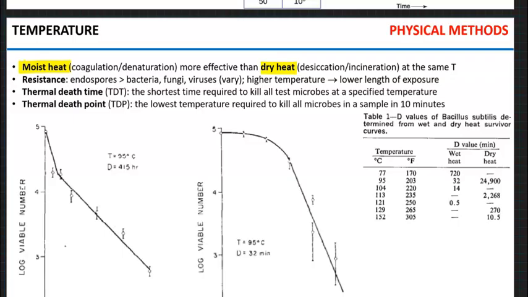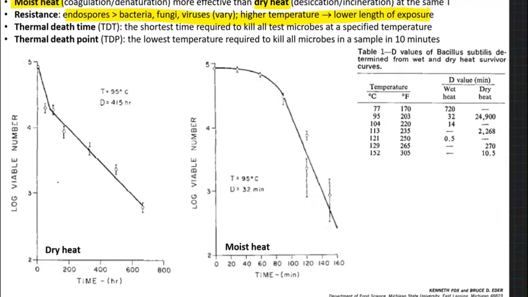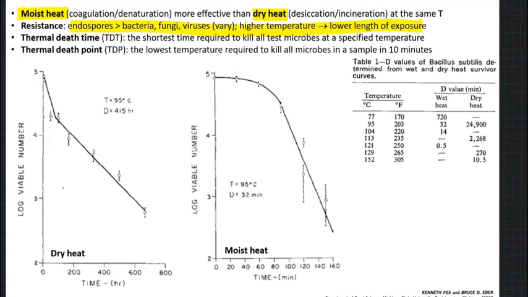Make sense? The resistance pattern is the same, but what did I mean by saying that moist heat is more effective than dry heat? So what you see on this graph are the death curves of Bacillus subtilis using dry heat.